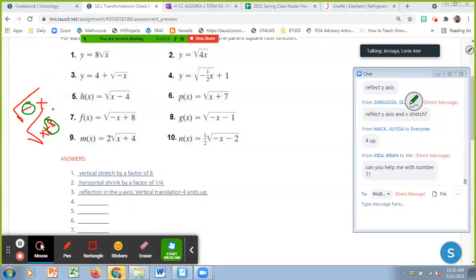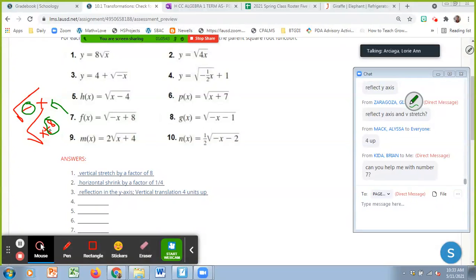So this was like the number 3, yeah? And in number 3 we chose reflect in the y-axis. Correct? You said number 7, right? So this is like what we put in number 3. There's a negative sign inside the radical sign.